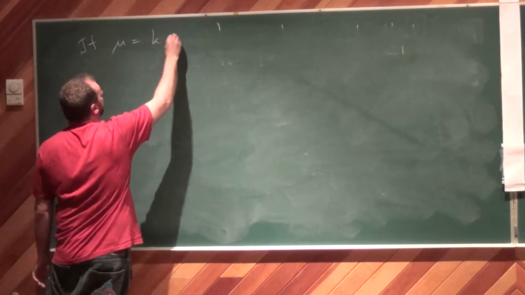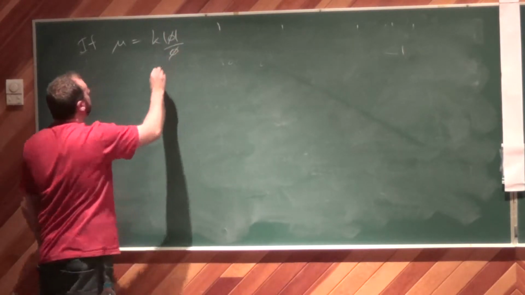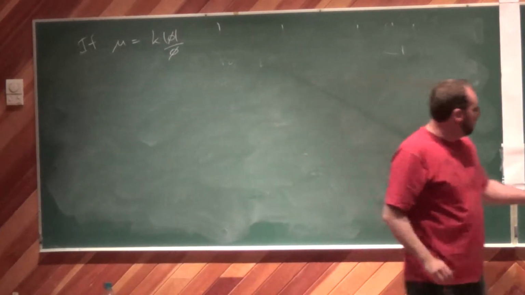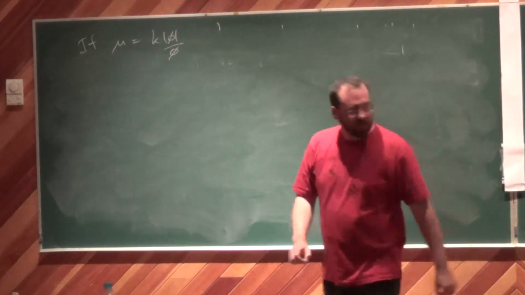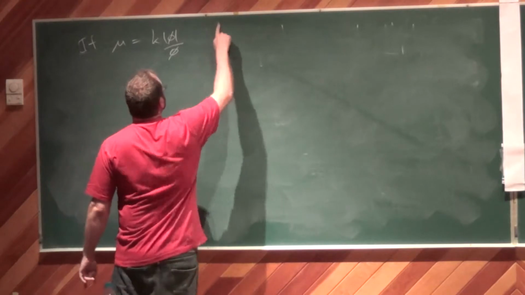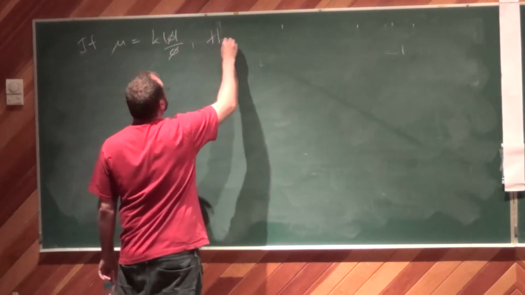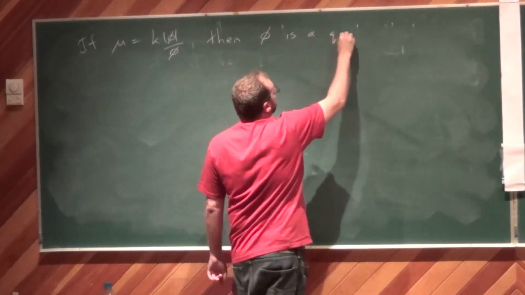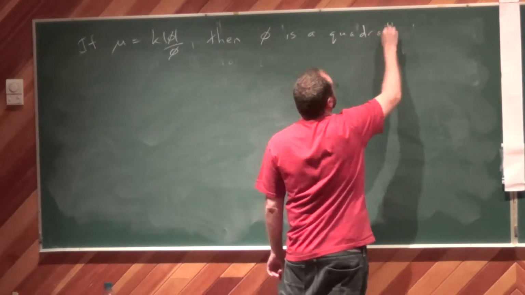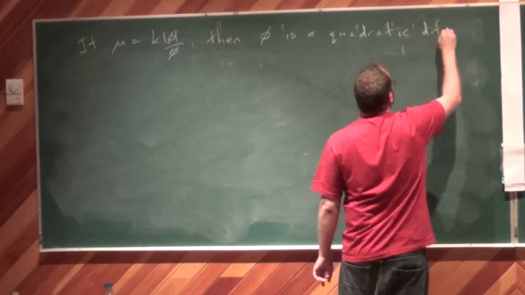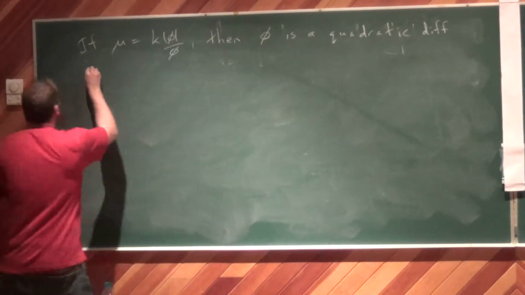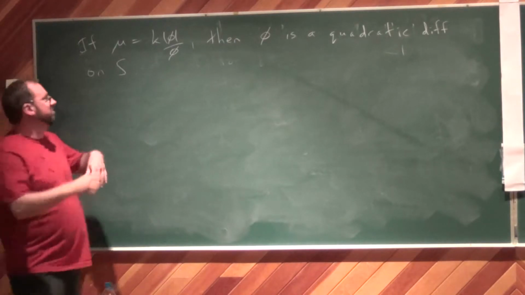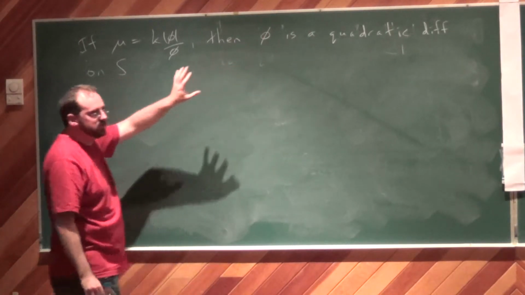If our Beltrami differential is of Teichmüller type, then phi is a quadratic differential on S, and we can talk about trajectories and so on of this quadratic differential.